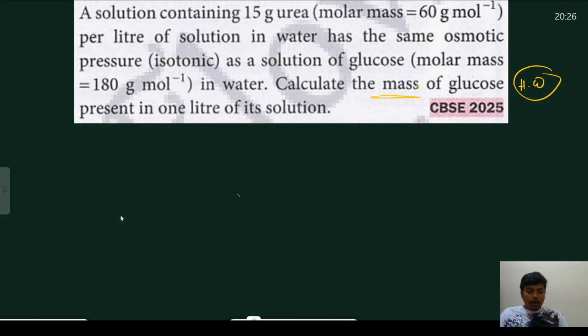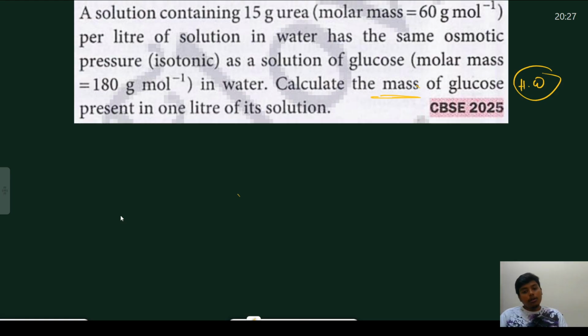Okay. Like Sarvesh, from the next chapter, there is actually no need of this chapter. In the next chapter, electrochemistry, we don't need any question or concept from this kind. We need one concept, that is called concentration terms.